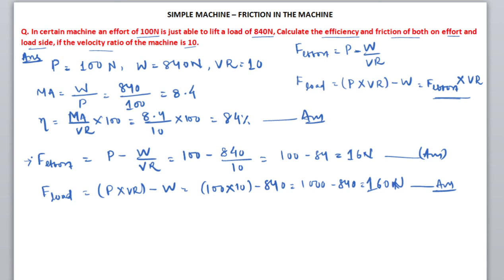Friction in terms of load means the additional load that can be lifted if friction was not there. Hope you must have understood what is friction in terms of effort and friction in terms of load, and what is friction in a machine.